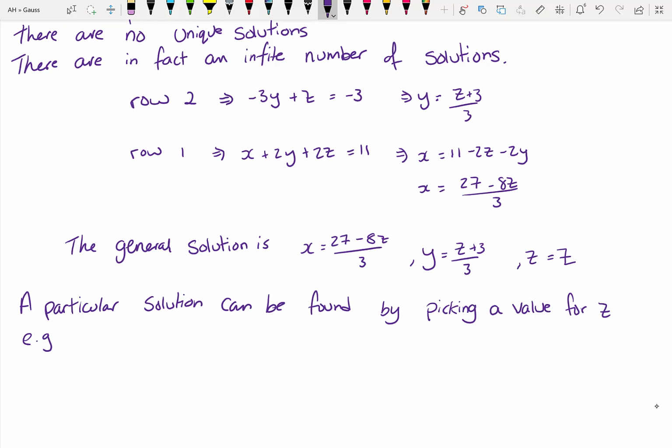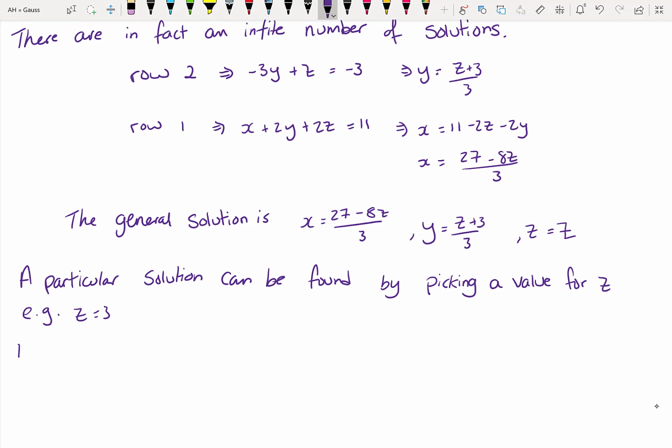For example, we could make z equal 3, and I'm going to make z equal 3 mainly because it divides by 3 in the fractions. So that's going to make it a little bit nicer. If z is equal to 3, the solution would be x is equal to 27 minus 8 lots of 3. 8 lots of 3 is 24. 27 minus 24 is 3.